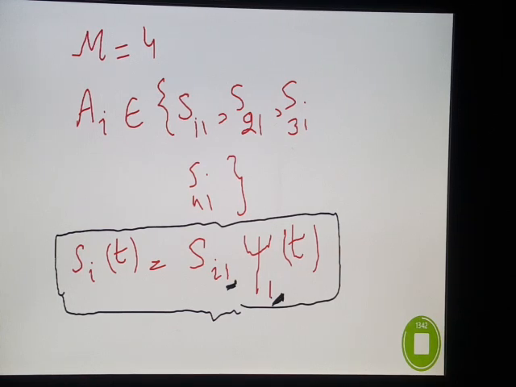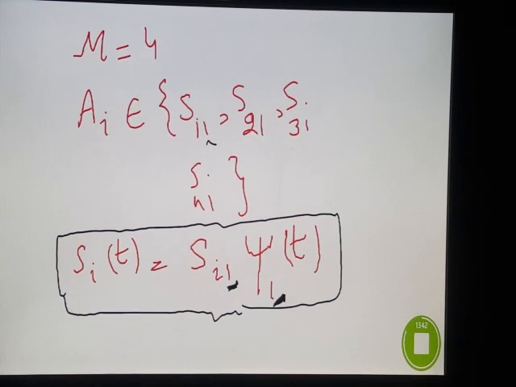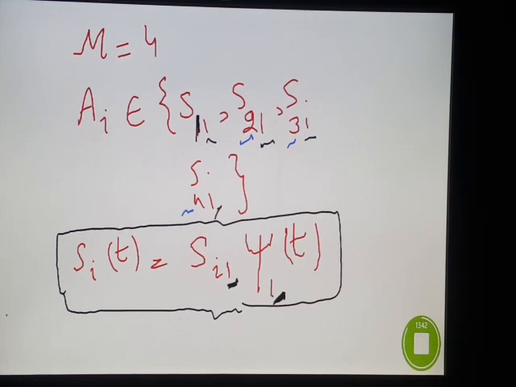We have only one basis function, so the second subscript in all these symbols is 1. The first subscript is 1, 2, 3, 4, which represents the 4 different amplitudes. So we have S11, S21, S31, and S41. These 4 are the amplitude levels of this signal, and my signals differ just by their amplitude levels.